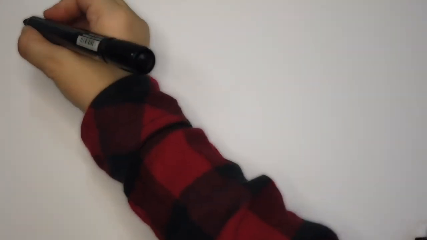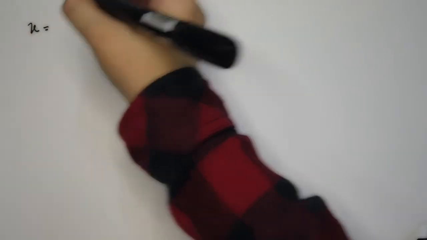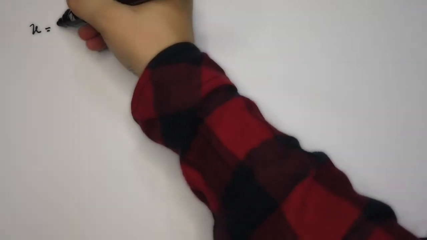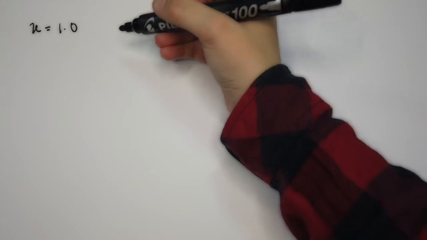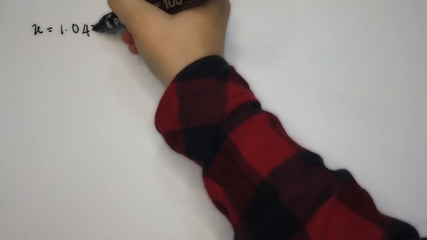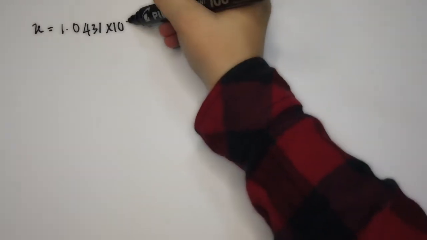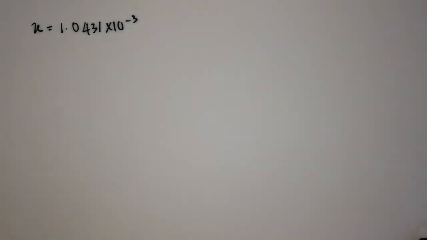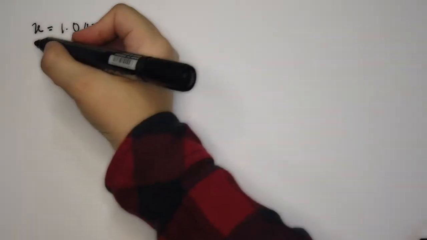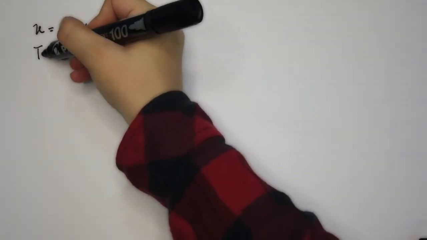From the previous calculation, we get the value of X equivalent to 1.0431 times 10 to the power of negative 3. Remember, during our calculation, we are using the approximation method. So we need to know the validity of this value of X. So we need to do the test.